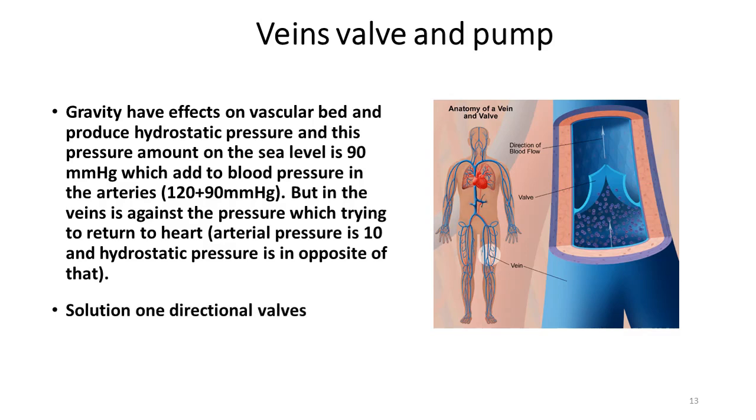For example, one-directional valves or vein valves are important in the veins, especially in the lower part of the body, in the feet, for venous return. How do these vein valves help venous return? As you can see in this figure, the valves are inside the veins, and they are connected. Two sides of a valve are connected with each other by movement or contraction of muscles.